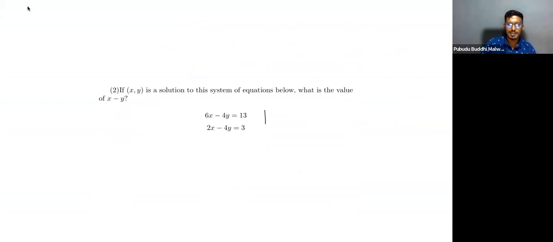If you subtract these two, definitely these 4y terms will cancel. So that's a good method, subtraction, to compute x, because you can eliminate y. But to get x minus y, what do you think is the appropriate method?